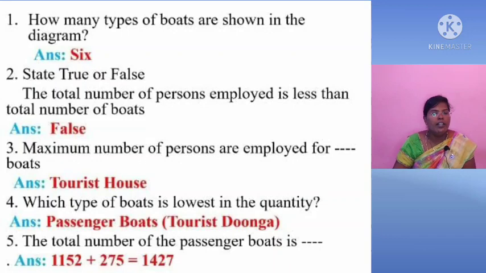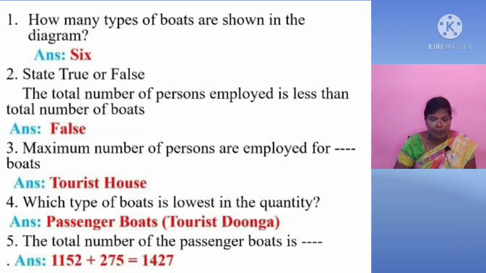So the answer is false. Maximum number of persons employed is for tourist houseboats, 3300. The highest is tourist houseboat. The answer is tourist houseboat.